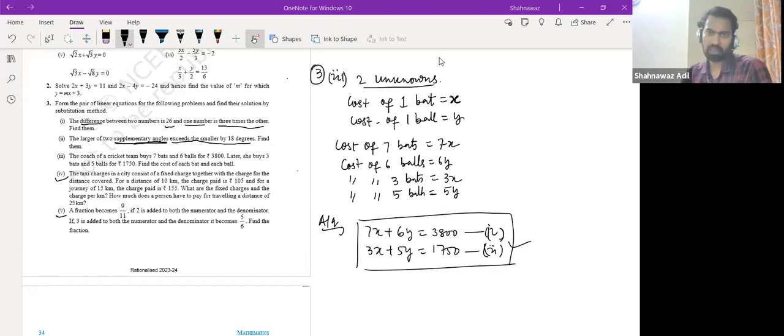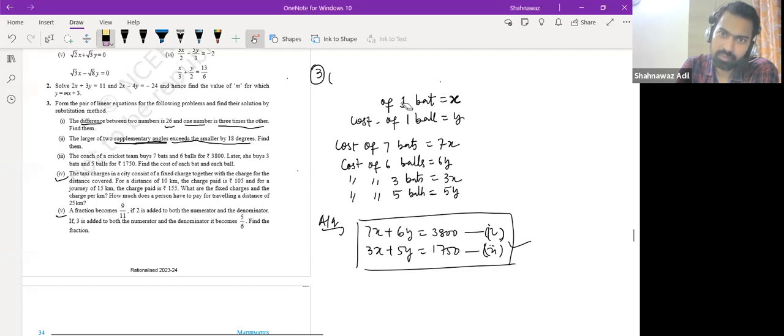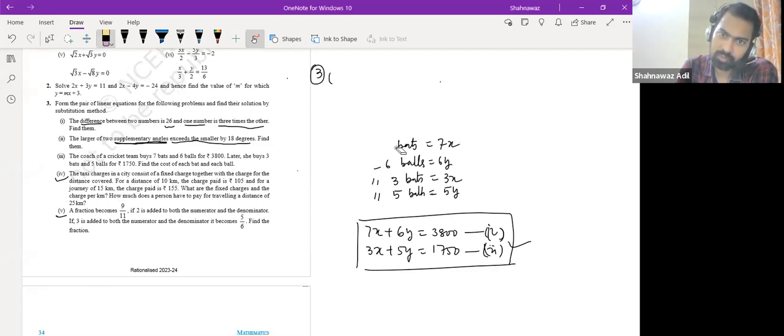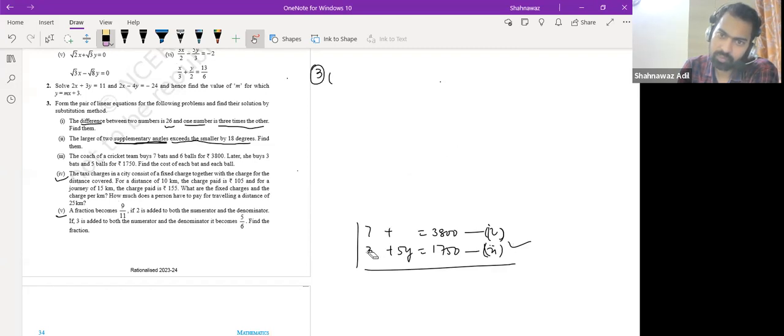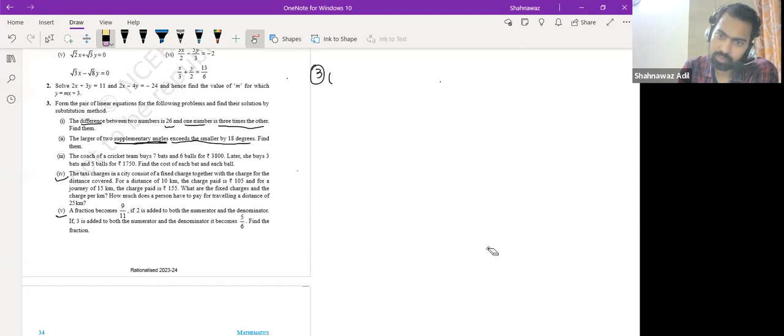Now let us understand this fourth problem. The taxi charges in a city consist of a fixed charge together with the charge for the distance covered.